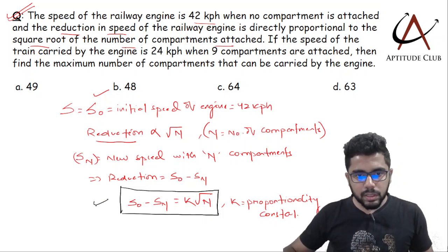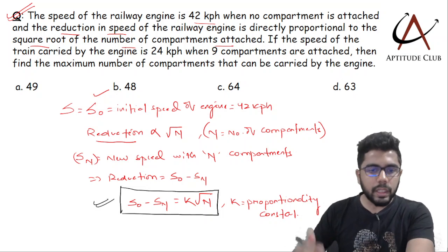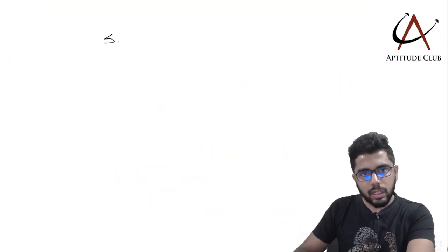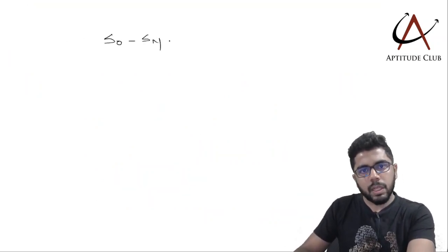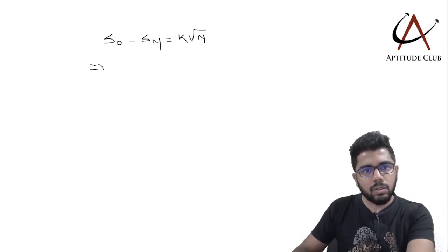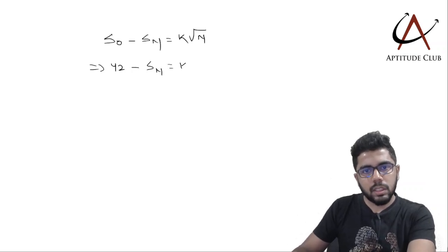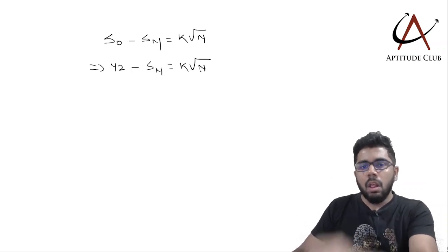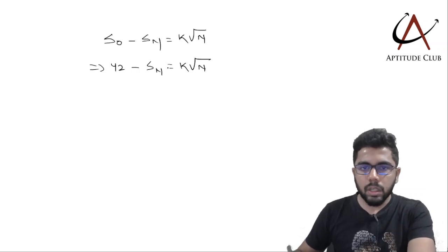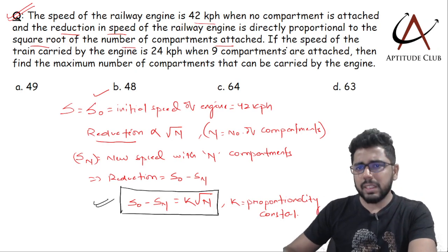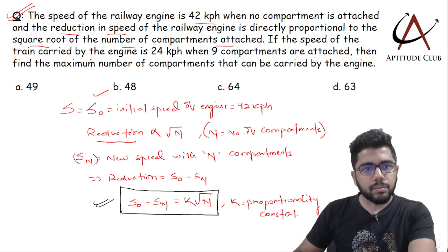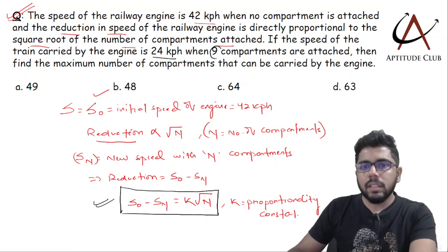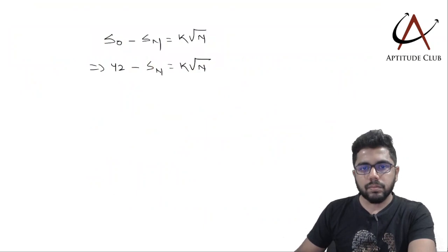Now once you have this result, let's use this and calculate what is asked. So we have S0 minus Sn is k times square root of n, where S0 is already given as 42. Now it is said that the speed of the train is 24 when 9 compartments are attached.